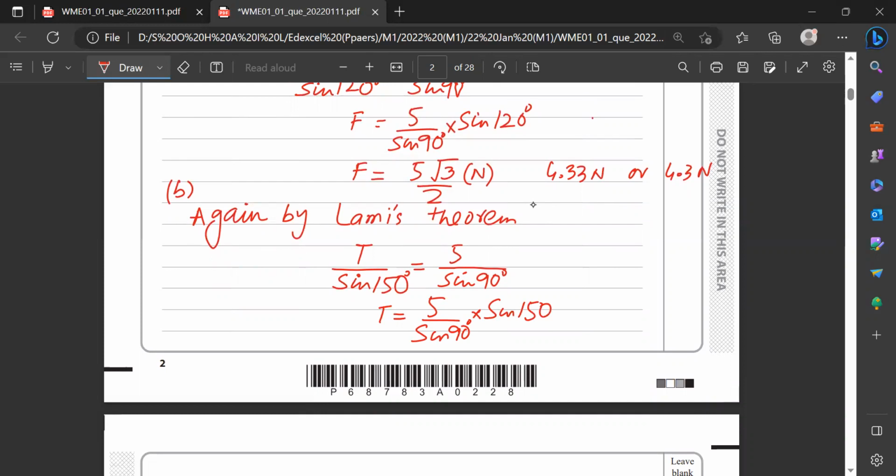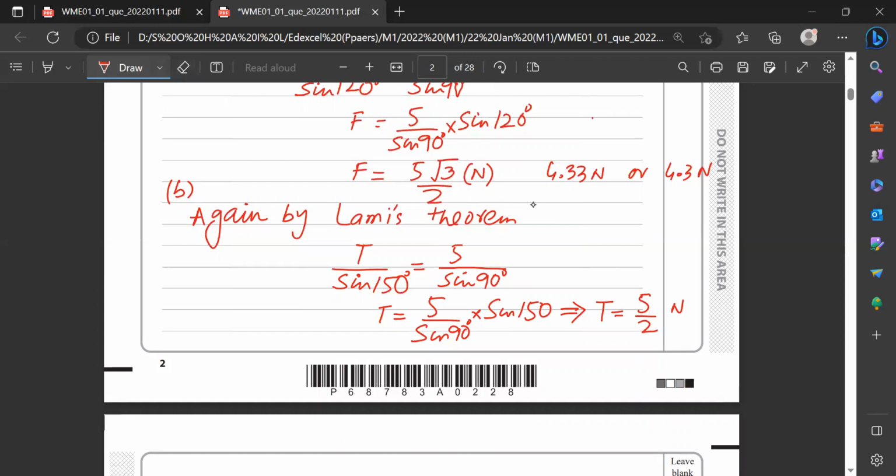When I simplify using a calculator, T equals 5 sine 150. You can again find this answer in exact form. This is 2.5, or 5 over 2 newtons.